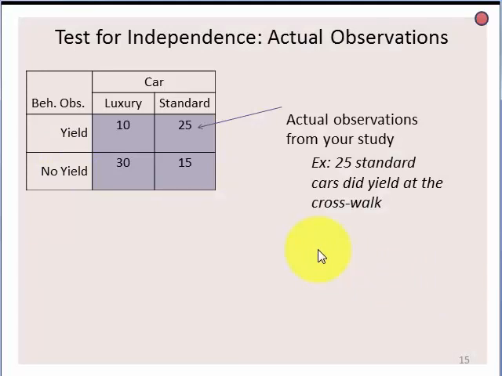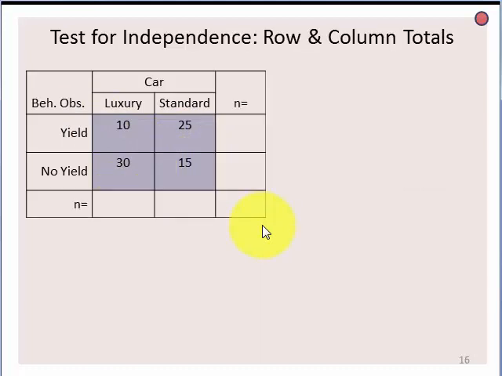Okay, so the numbers that are here, let's say those are your actual observations from your study. In other words, this means that 25 standard cars did yield at the crosswalk, 15 standard cars did not yield, etc. The first thing we need to do is get the totals for the rows and columns, and that will help us get the expected frequencies.